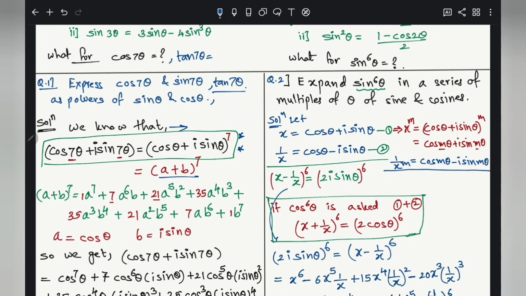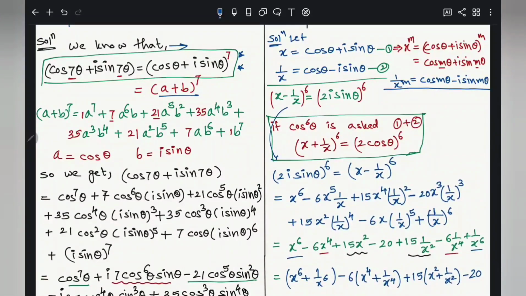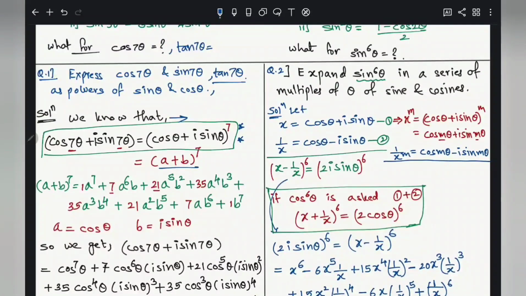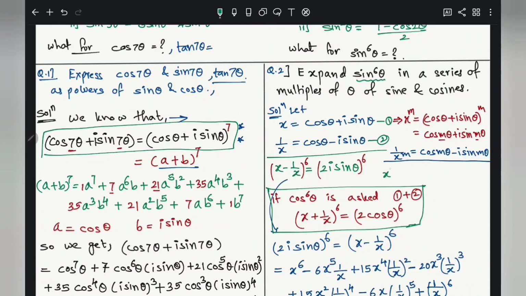And now because we have here x raised to 6 plus 1 upon x raised to 6, I can derive the formula for addition of both of them. So what if we add these two? If I add equation 3 and equation 4, what I am going to get is 2 cos m theta.